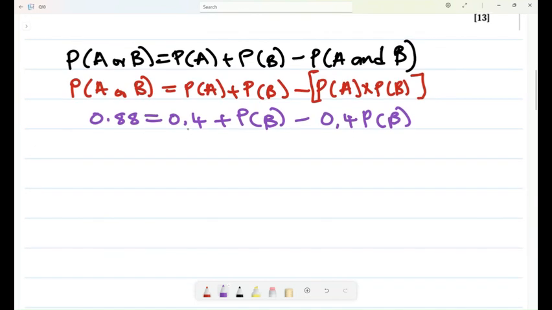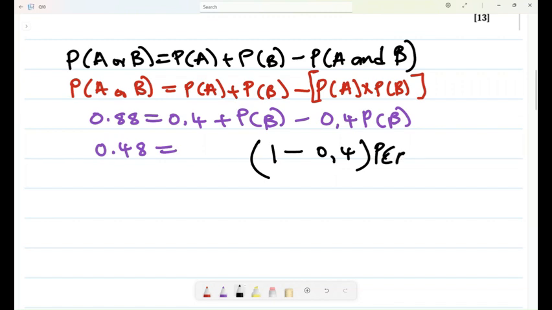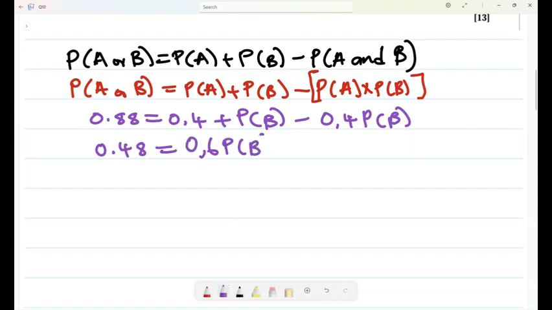Then I'm going to take this 0.4 to the other side. It is going to be 0.48, which is equal to the probability of B minus 0.4 times the probability of B. It is the same as saying 1 minus 0.4, multiplied by the probability of B. So 1 minus 0.4 is 0.6, times the probability of B. Then you do your mathematical gymnastics.